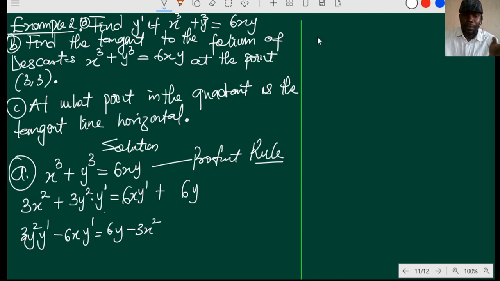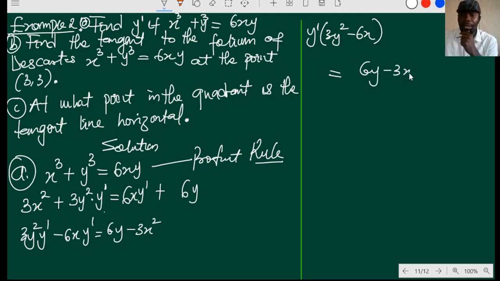Continuing with this, y1 is common. We have y1 times (3y squared minus 6x) is equal to 6y minus 3x squared. So let's divide both sides by the coefficient of y1, which gives us y1 equals 6y minus 3x squared over 3y squared minus 6x.